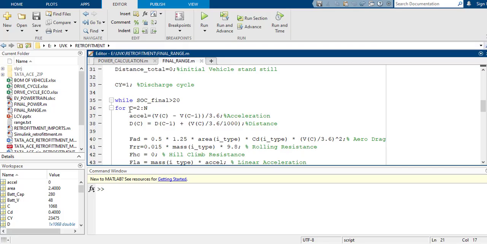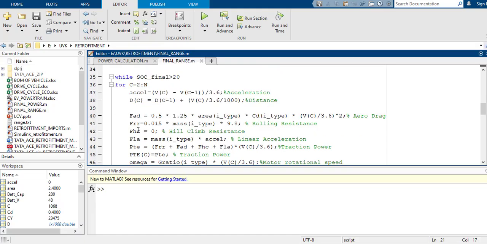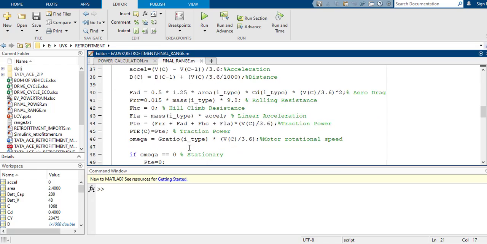Then for our for loop we have considered the same points as we discussed earlier: aerodynamic drag, rolling resistance, hill climb resistance, linear acceleration and the total traction power, meaning from the total force we have calculated the traction power. After that we have calculated the motor rotational speed.